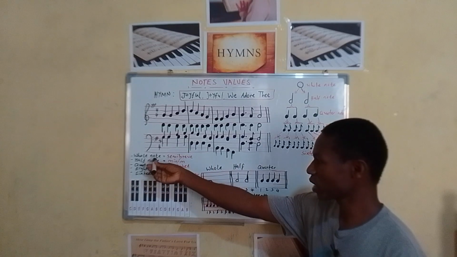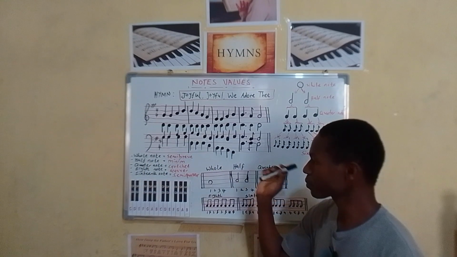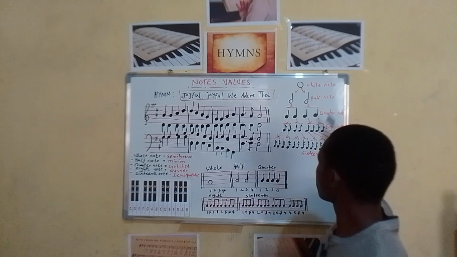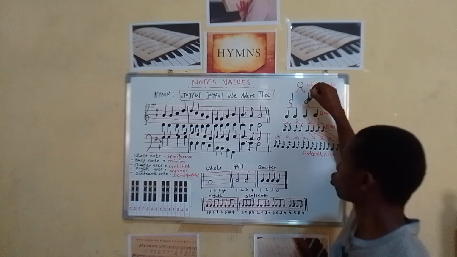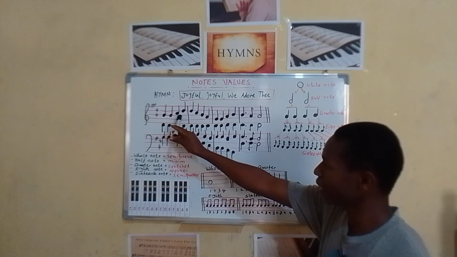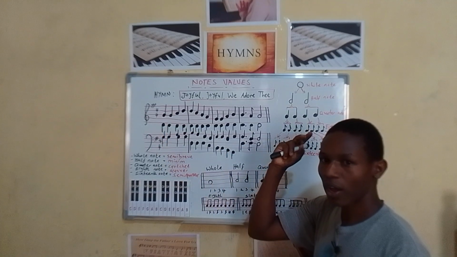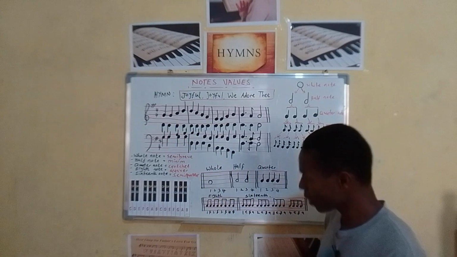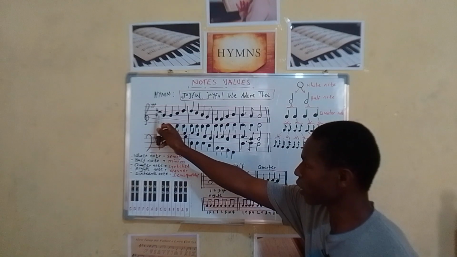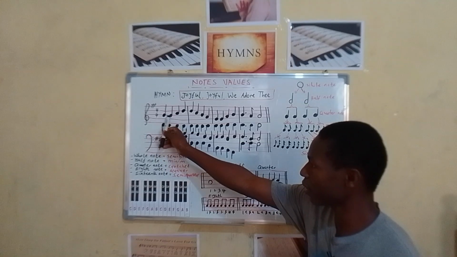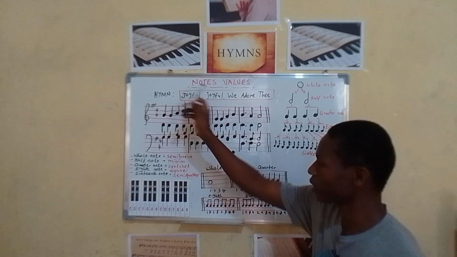So we are going to start with a whole note. To come to a half note, we have to divide the whole note into 2. For example, counting half notes here, it is receiving 2 beats in a bar. You will hear me clapping at this point, 1, 2, that way.